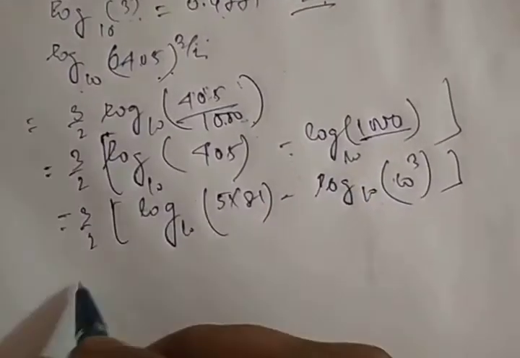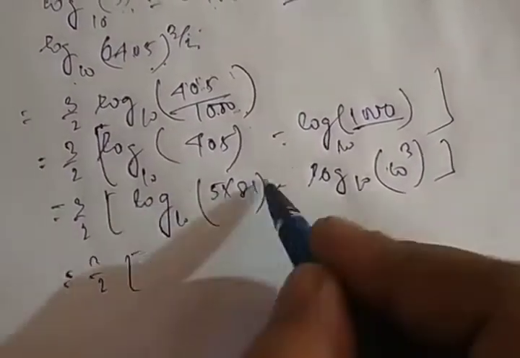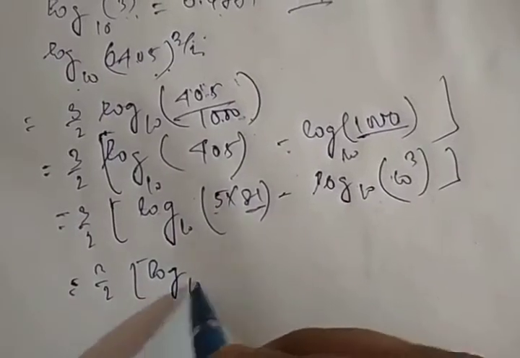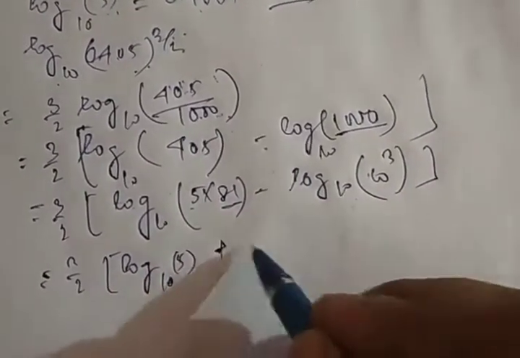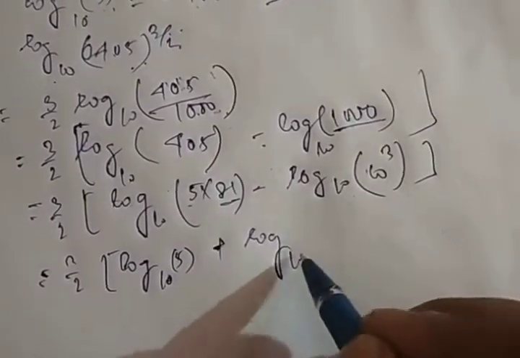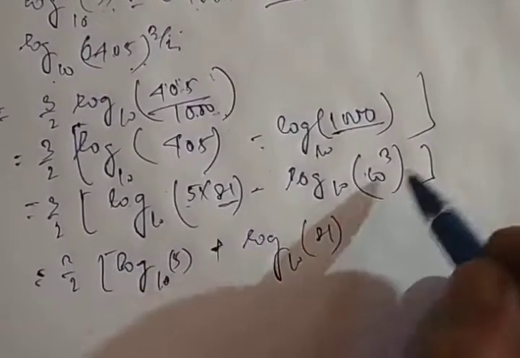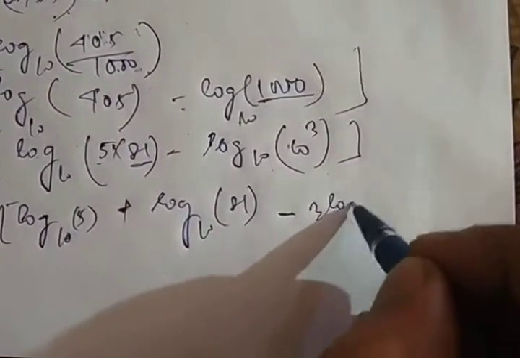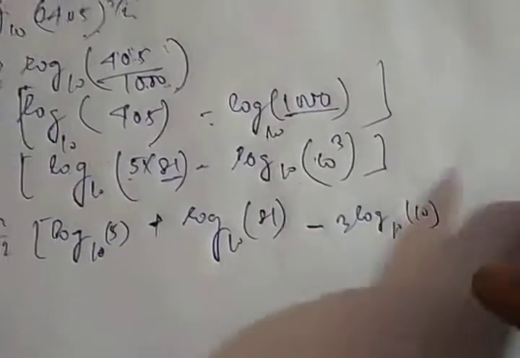Okay, so 3/2, this is m into n, so log 10 of 5 plus log 10 of 81, and this is minus 3 log 10 with respect to base 10.